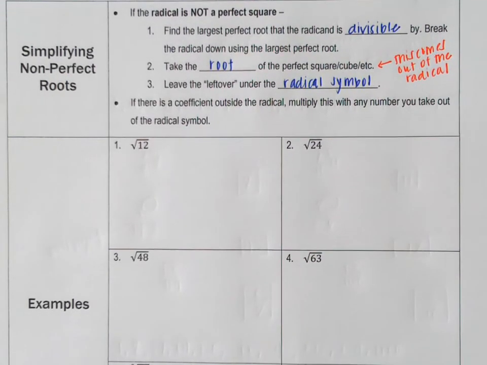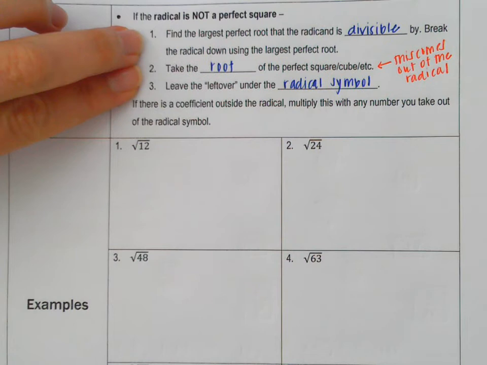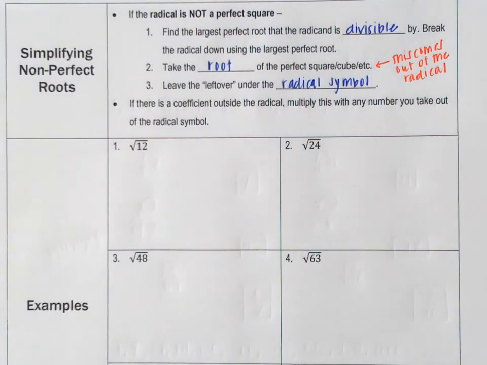Okay, so the square root of 12. Now I'm going to show you 2 ways that I process this. But the first I'm going to show you is using these steps. So I think first, what is one of my perfect squares that 12 is divisible by?